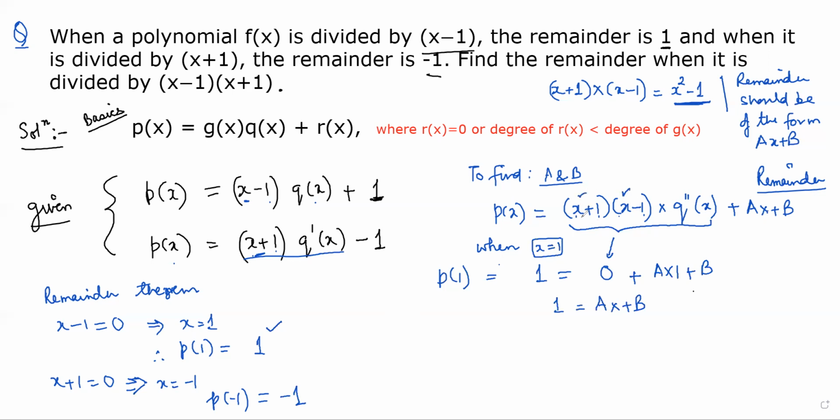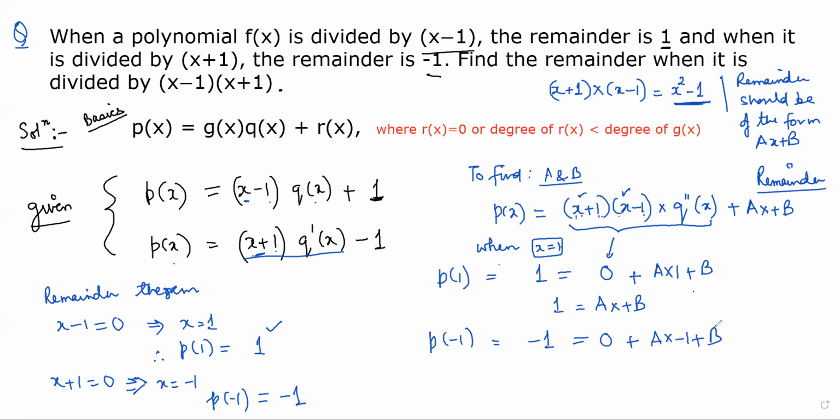Tell me, if we put 1, then 1 minus 1 is 0. So p1 is equal to 1, therefore 1 will be equal to ax plus b, where x is equal to 1, so a into 1 plus b. Similarly p minus 1 is equal to -1. Again put -1 here, -1 plus 1 is 0, 0 into anything is 0, 0 plus a into -1 plus b.